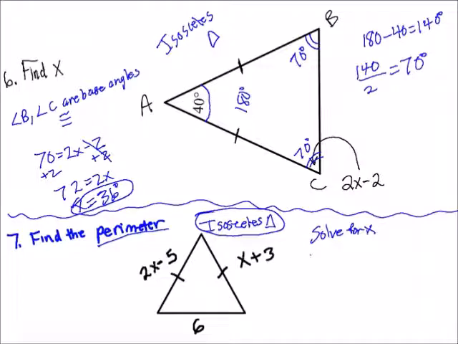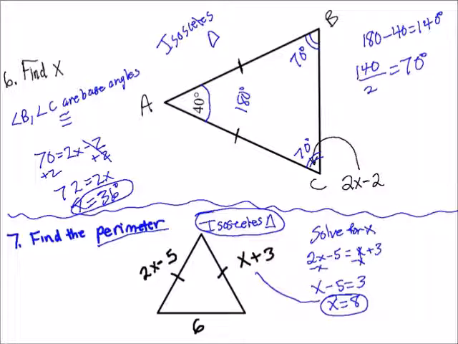So I have 2x minus 5 is equal to x plus 3. If I subtract x, I have x minus 5 equals 3. So x has to be equal to 8. If x is 8 and I plug back in, this side over here must be 11.